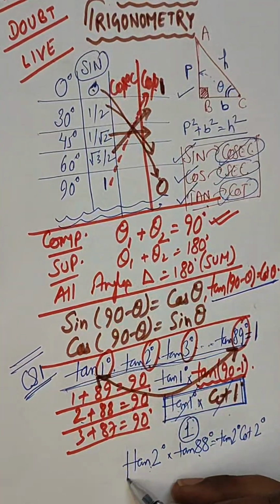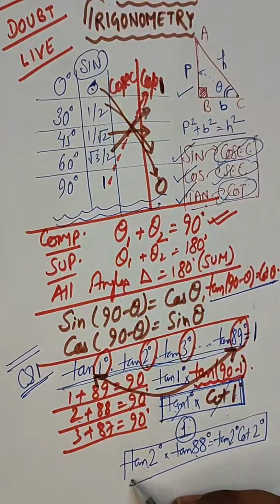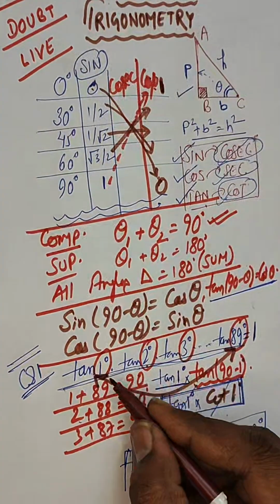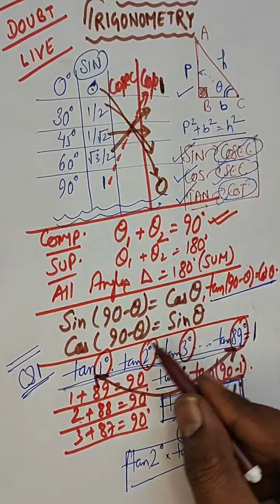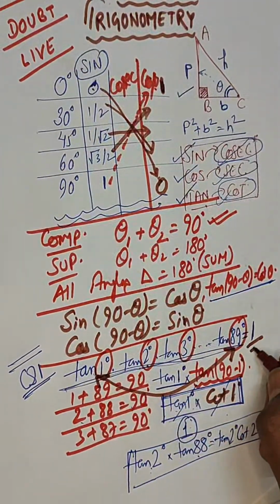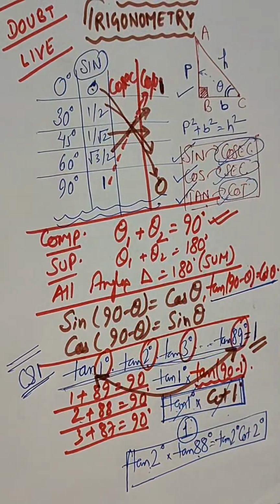So here also this can be proved as equal to 1. Just make a pair of 2 and 88, 3 and 87, like that. Then the whole LHS will come out equal to 1. So we can use this concept to solve it.